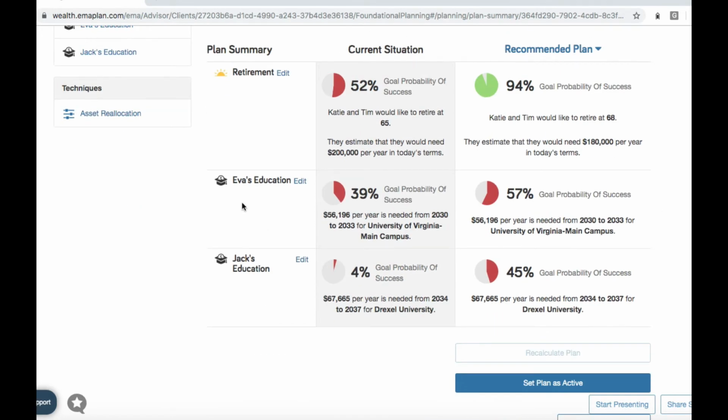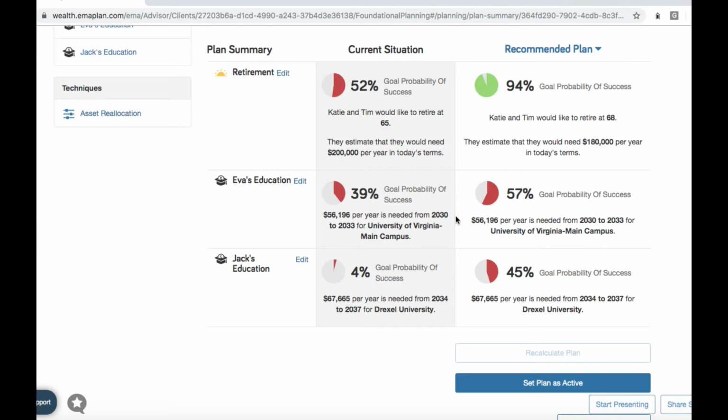For Eva's education, $56,000 per year is needed in 2030 to 2033 for the University of Virginia. $56,000. That's a lot of money. 39% projected success, and that's based on how much money they've already saved for Eva in her 529 plan.